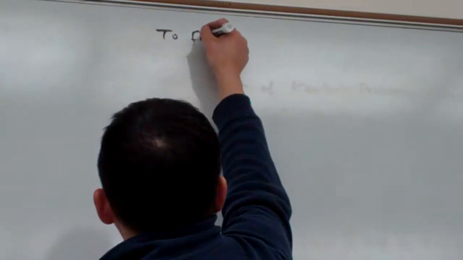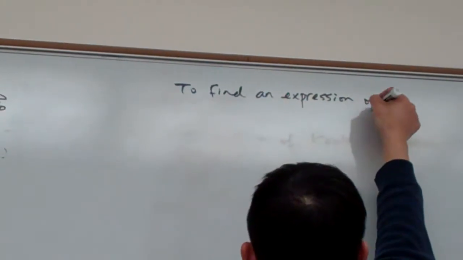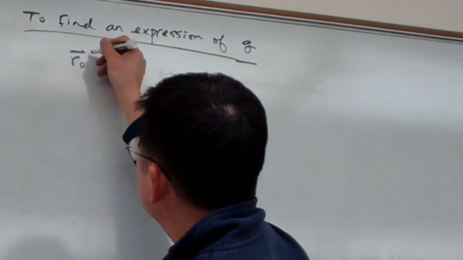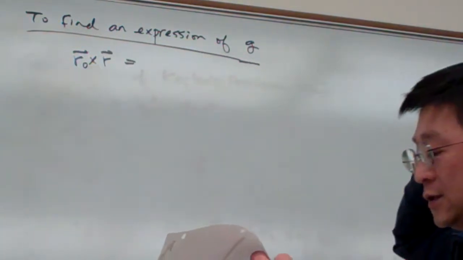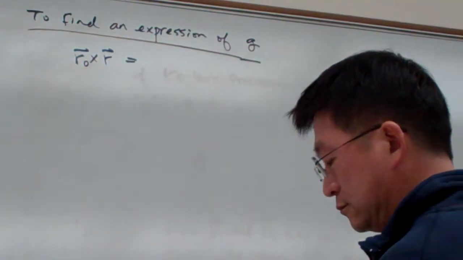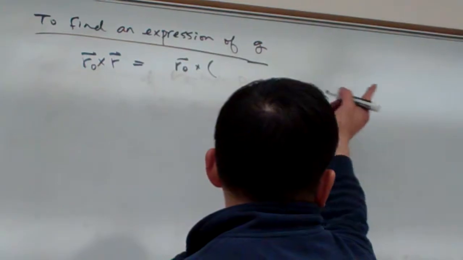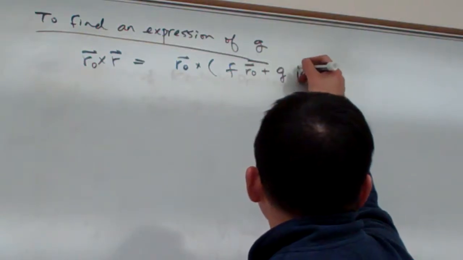So in a similar way, to find an expression of G, I think the next one is G, yes. So simply here we take R0 cross R, and R is R0 plus G V0.